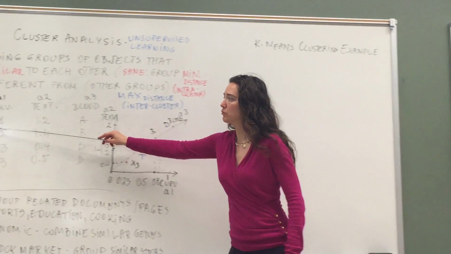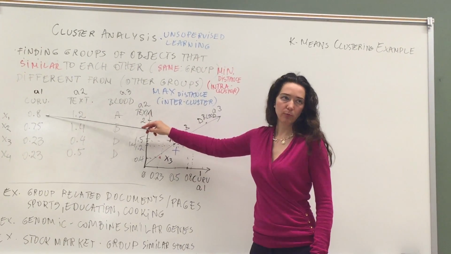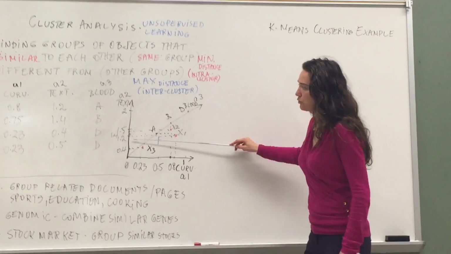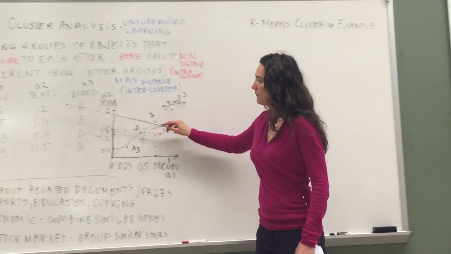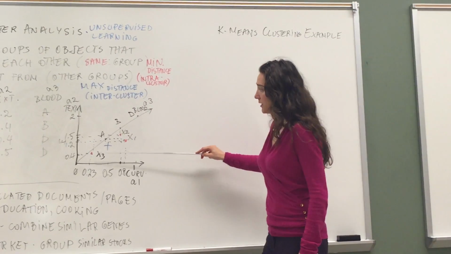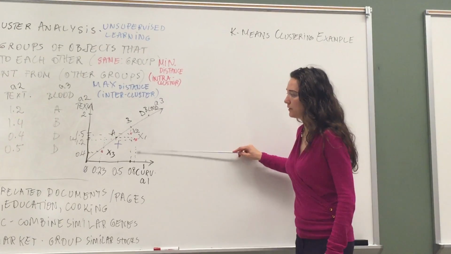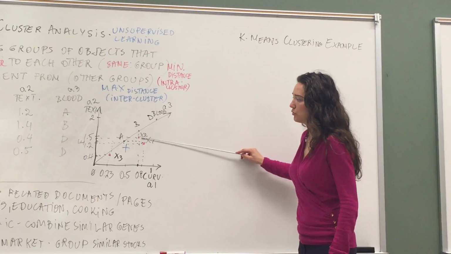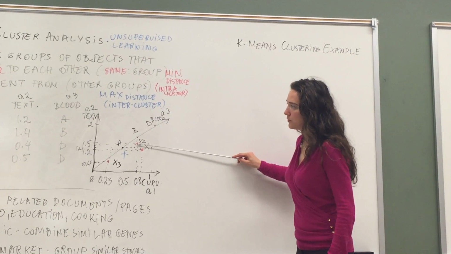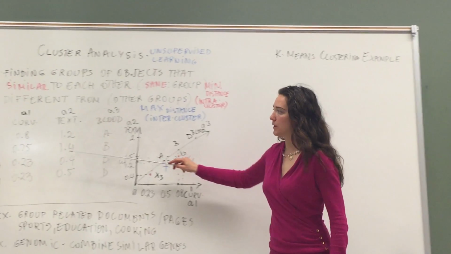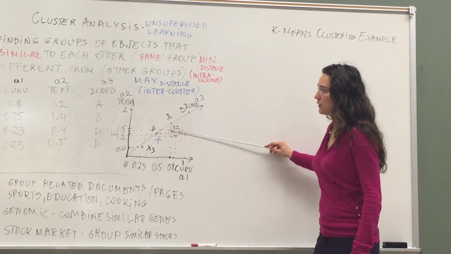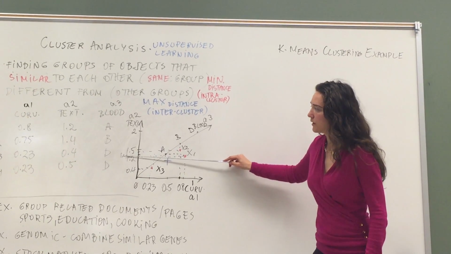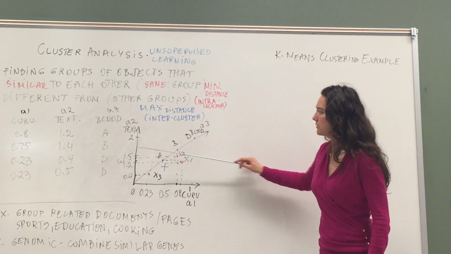So the first point, x1, value for first attribute is 0.8, and value for second attribute is 1.2, and value for third attribute is a. So x1 is right here, 0.8, 1.2, and a. x2, value for attribute 1 is 0.75, value for attribute 2 is 1.4, and for attribute 3 is b.